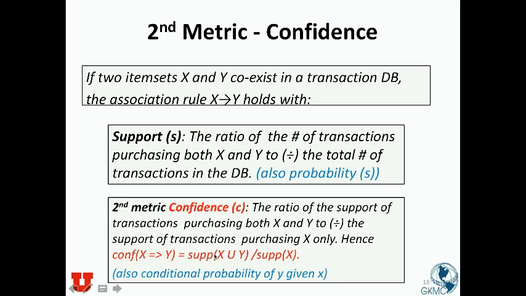The ratio of these 2 support measures for 2 different sets, the intersection and the whole X, is essentially the same as confidence. You can do some derivation, and both have the same denominator, which is the size of the database or the number of transactions. So their numerators are just the number of transactions containing X and the number of transactions containing items that are in both the X and Y sets.